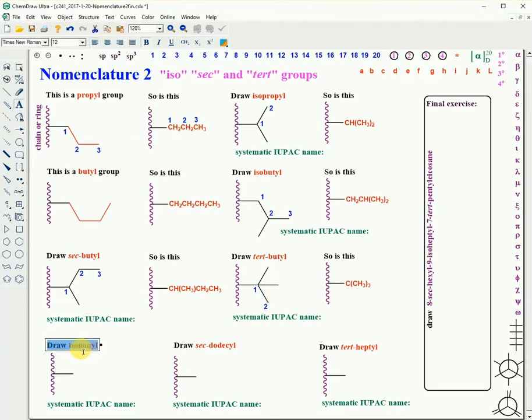Strategy for iso-nonyl is to draw one less than nonyl, which would be octyl. Here's an octyl. The branch goes at the very end.